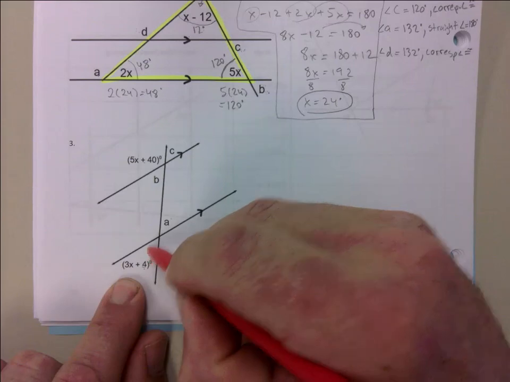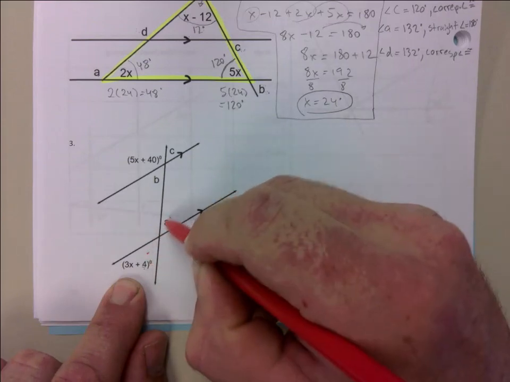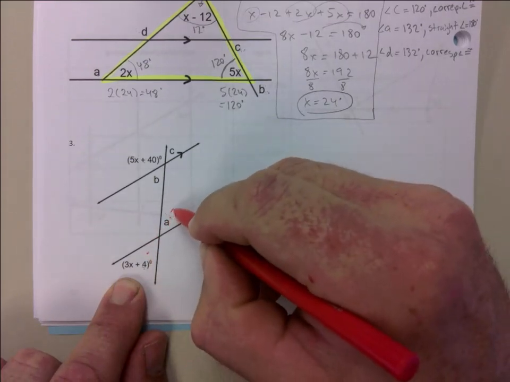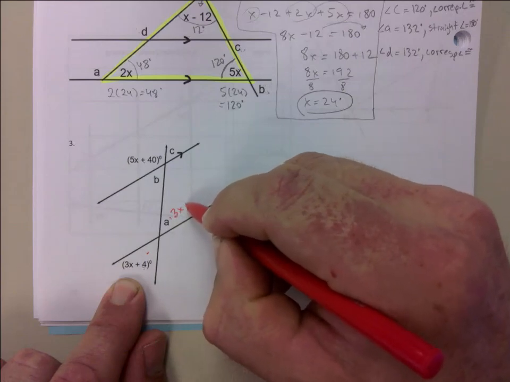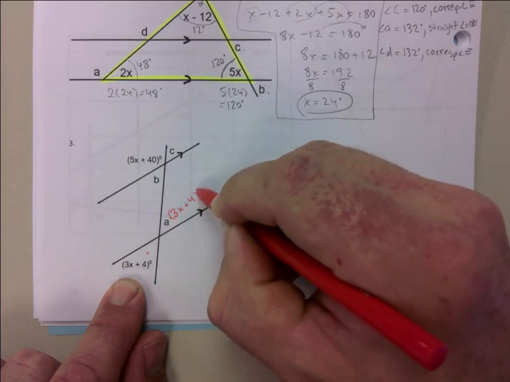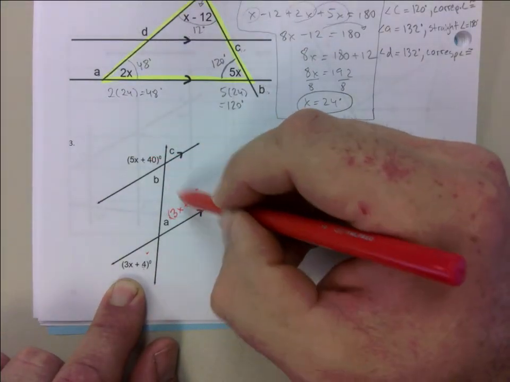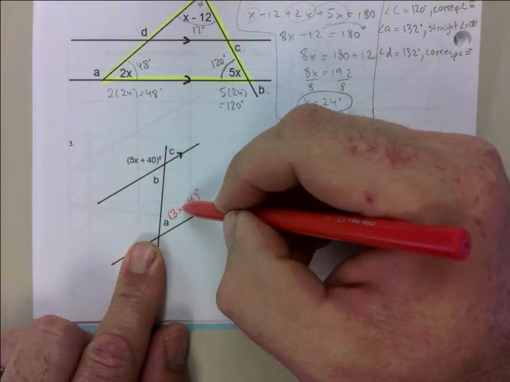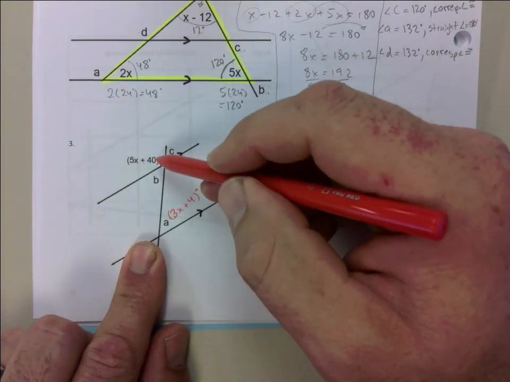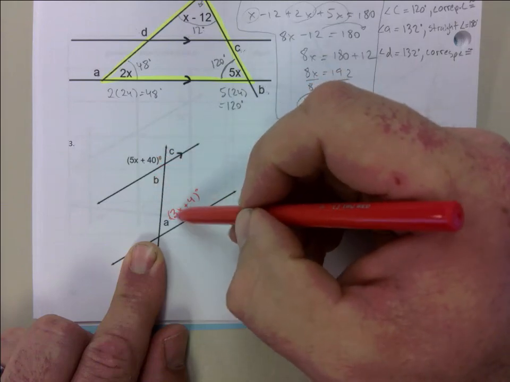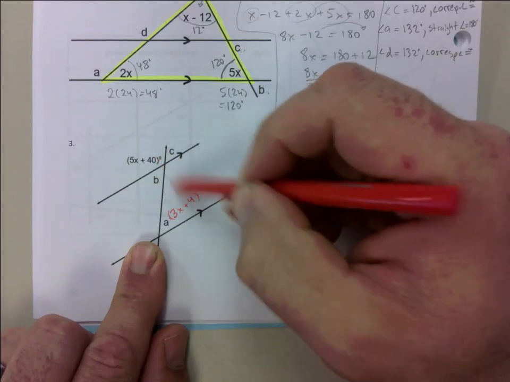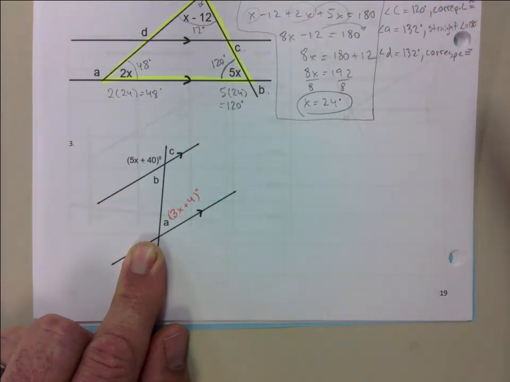What are these two here? They're vertically opposite, right? So you can technically say that this angle is also 3x plus 4. Do we have a name for these two now? They're alternate, but they're not alternate interior, nor are they alternate exterior. It just doesn't work.